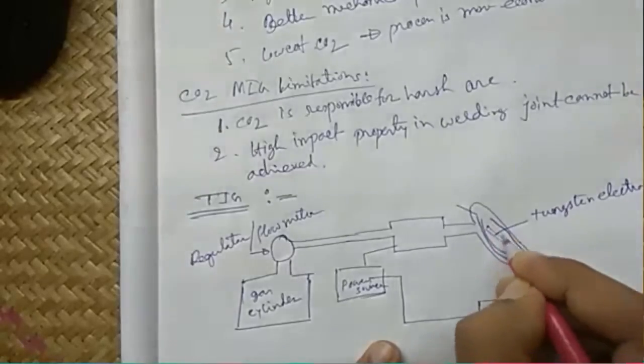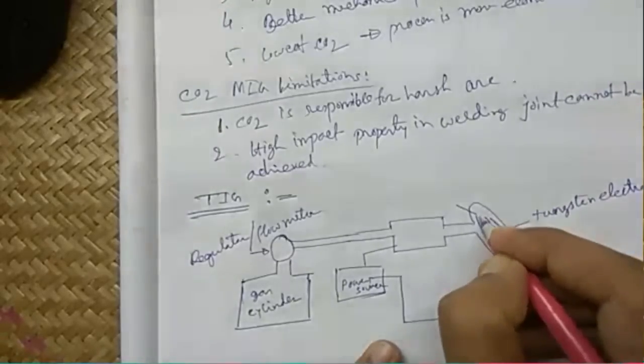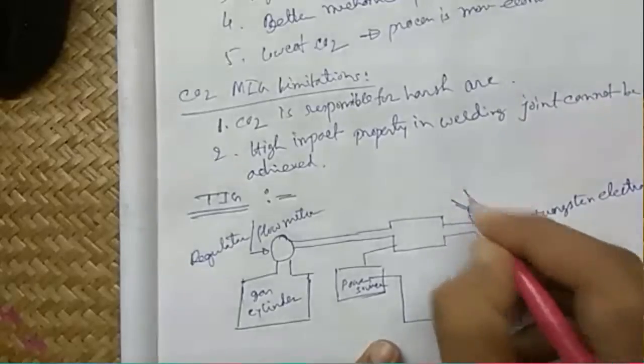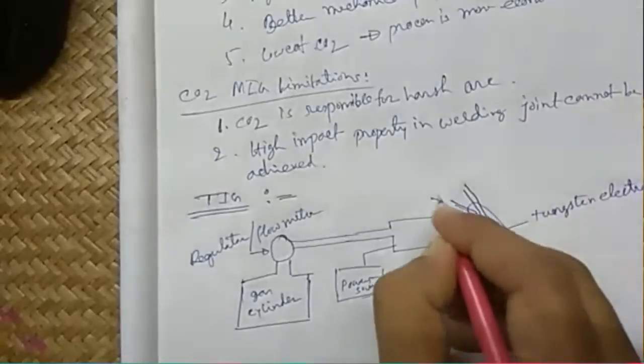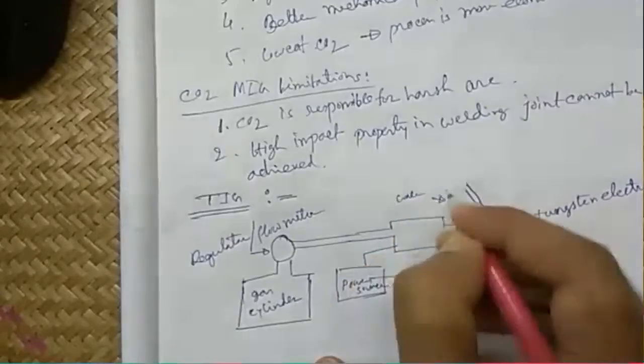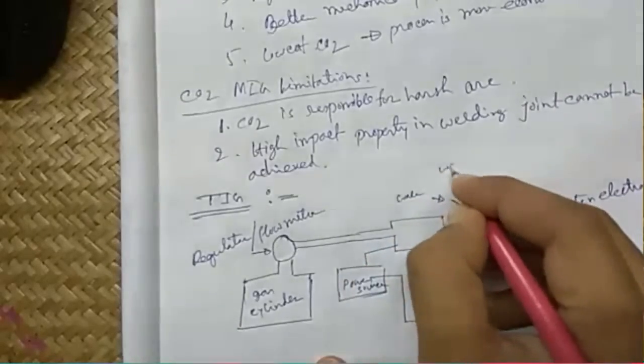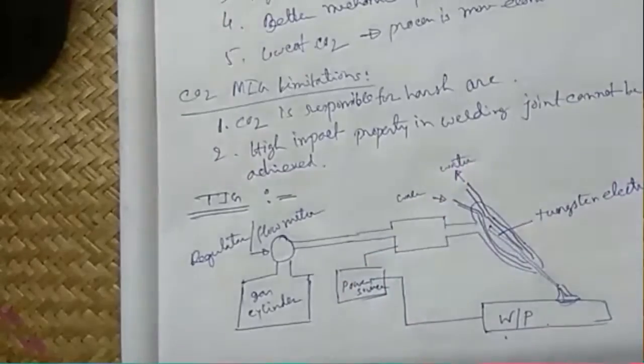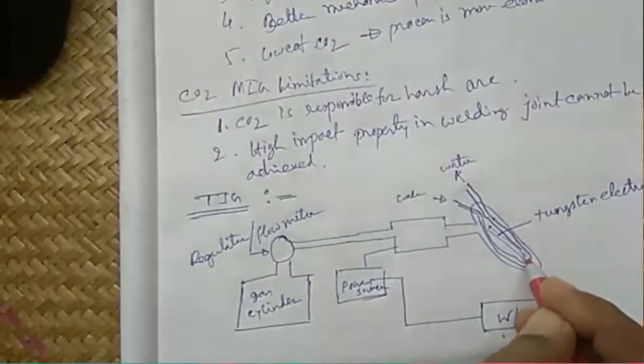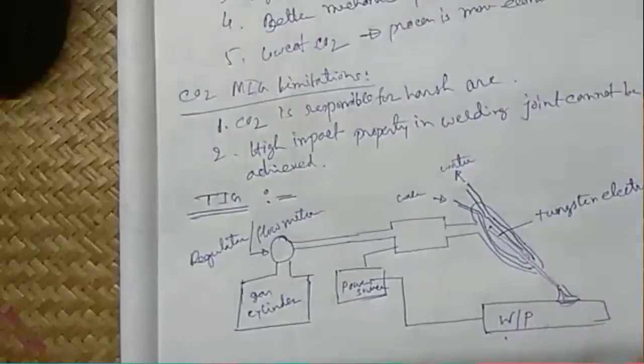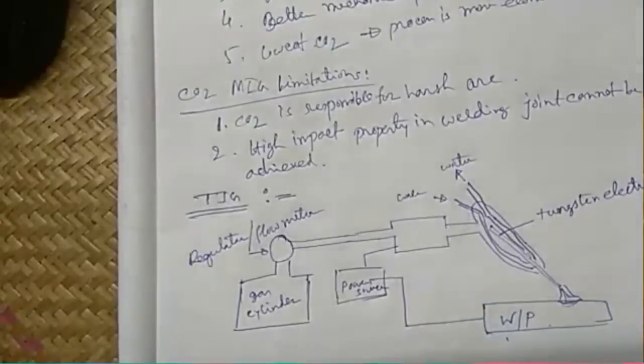there are channels for water to circulate. These water channels are used to cool down the electrode and the holder.